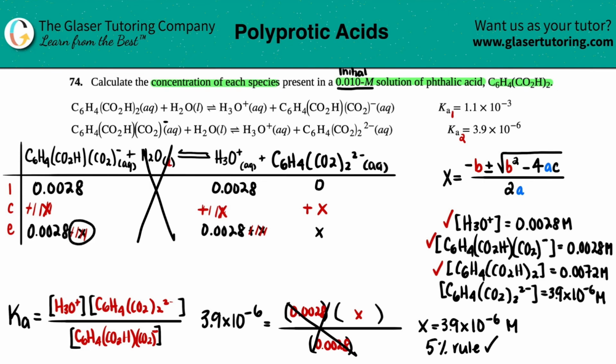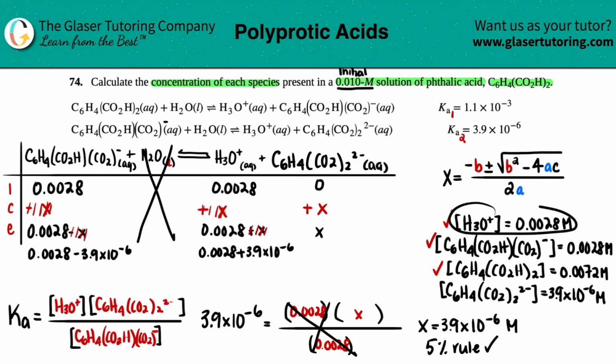Now, when you're actually doing the math, you do incorporate that x value. So I would say, okay, let's just see if we're going to change our value. 0.0028 minus 3.9 times 10 to the negative 6, and then 0.0028 plus 3.9 times 10 to the negative 6. Let's just see if these numbers will change. They might not.